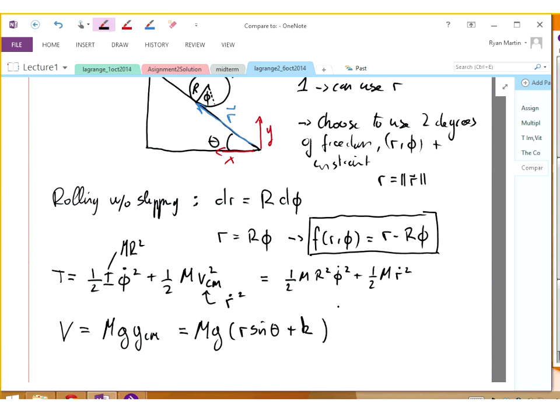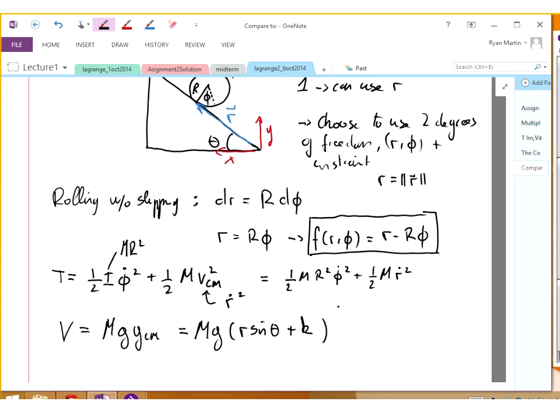And here, we know we're going to apply the Euler-Lagrange equation. And the Euler-Lagrange equation is going to have ∂L/∂r dot, ∂L/∂r, ∂L/∂phi, and ∂L/∂phi dot. So any term that doesn't depend on r or phi, or r dot and phi dot, ultimately when we do the equations of motion is going to drop out.